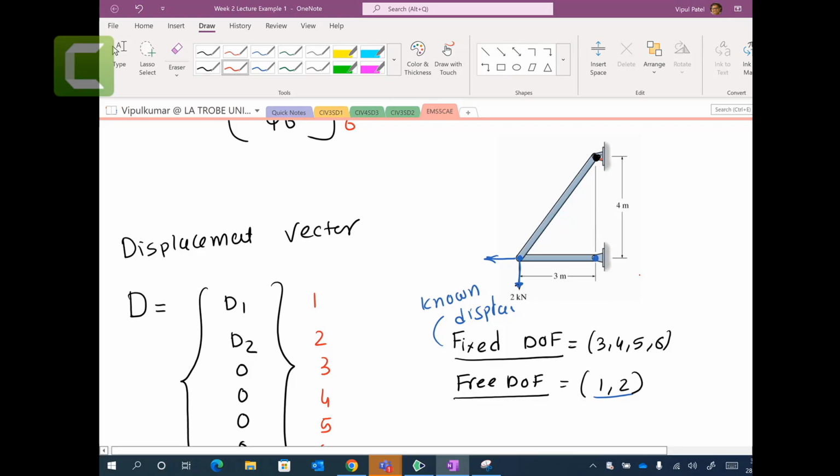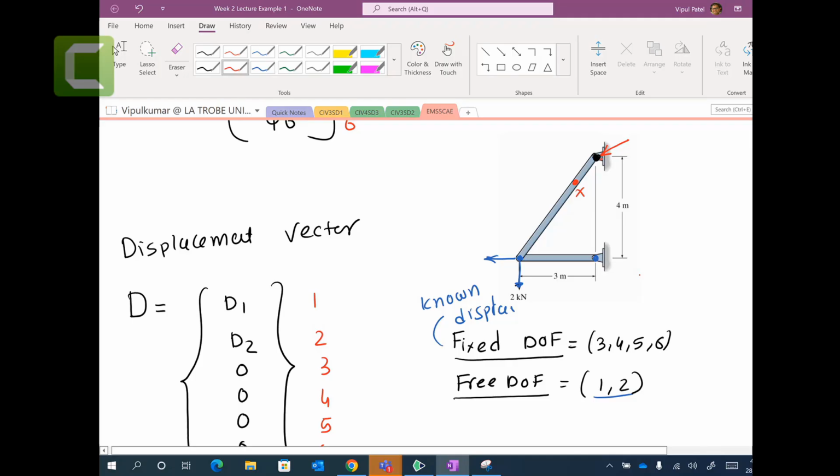But there is one condition: you are not moving this point. In ideal situations, this point is not going in x or y. I'm just talking about the very tiny point sitting down there. The point will not elongate, but the member can elongate. Therefore the displacement at this point is 0. But if you are talking about the displacement here, it is not 0.